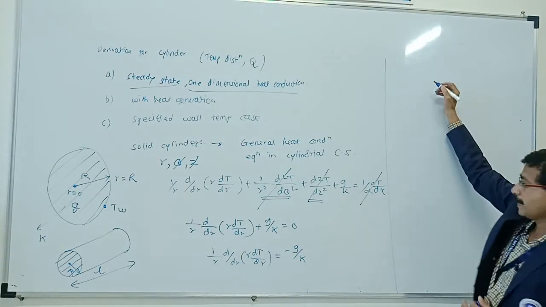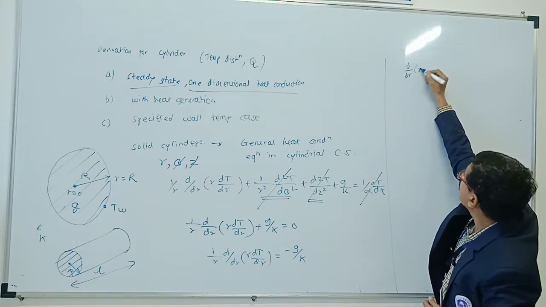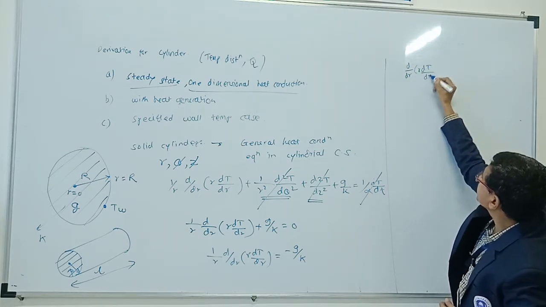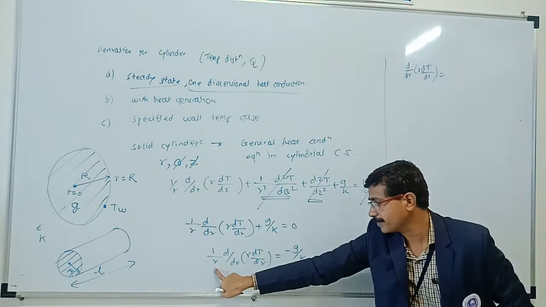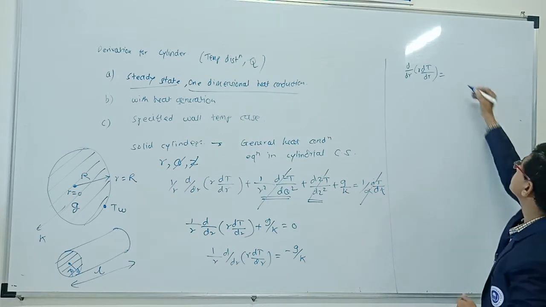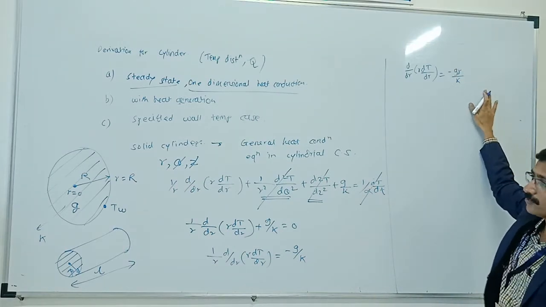So d by dr of r dT by dr is equal to minus g r by k. The r was in the denominator, so it comes into the multiplication. Now we are ready for the first integration.